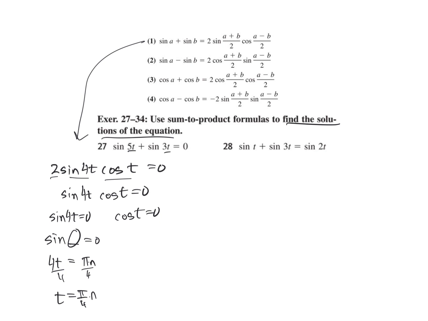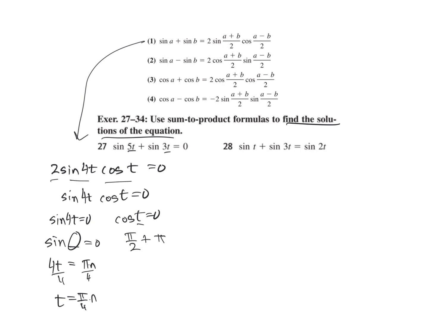Now the cosine of t, again, where does the cosine of an angle equal 0? At pi over 2 and 3 pi over 2. So we say pi over 2 plus pi n, every pi added to the pi over 2, gets us to what we need: 3 pi over 2 and then back to pi over 2.